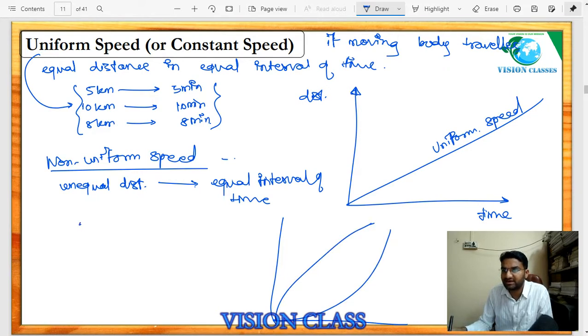So let's say 10 kilometers in 5 minutes, then 25 kilometers in, let's say, 10 minutes, right?